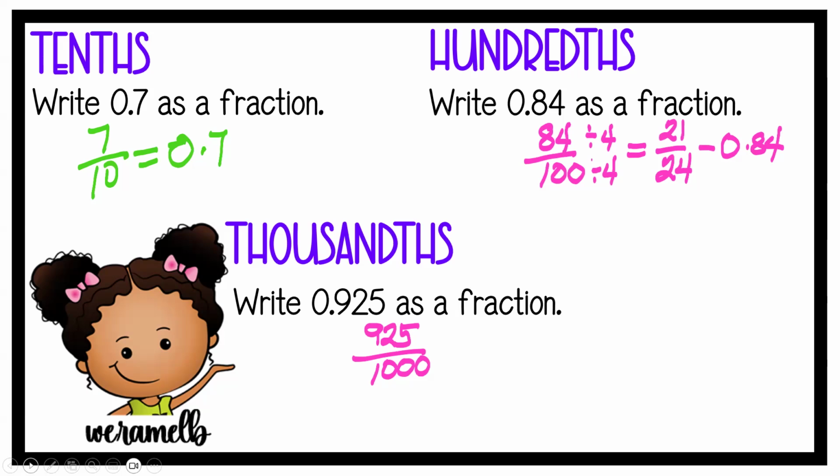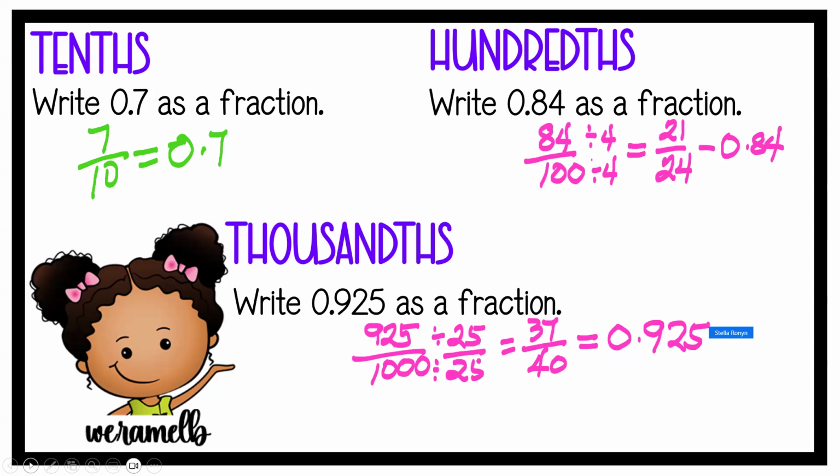What goes into 925 that also goes into 1000? The GCF is 25. So we will divide that, and we will have 37/40. This is equivalent to the decimal number 0.925, a terminating decimal.